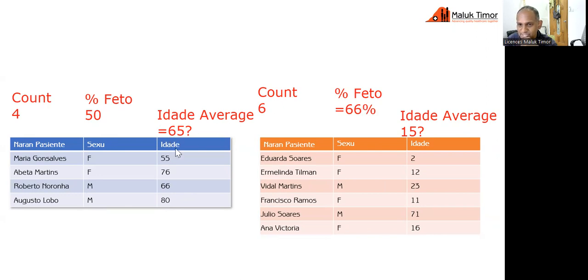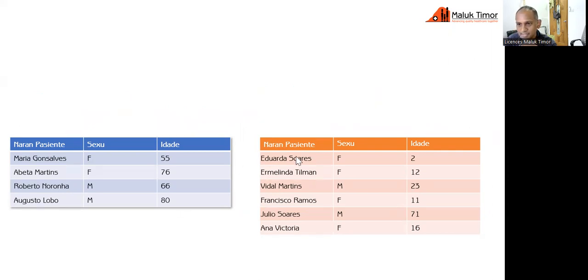The average age here is 65, but the average age here is only 15. So these patients are older than these patients. You can see that in order to compare two data sets, you need to summarize the data in that data set. Let me clear all of this.